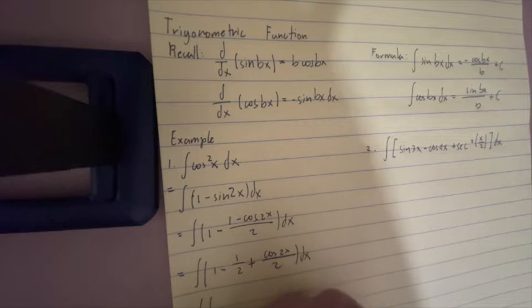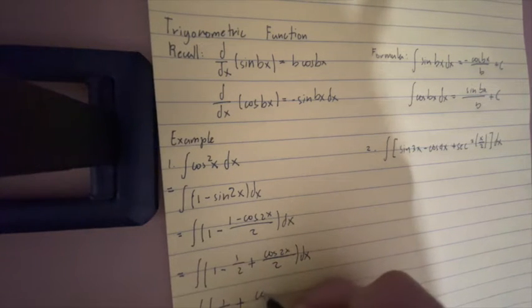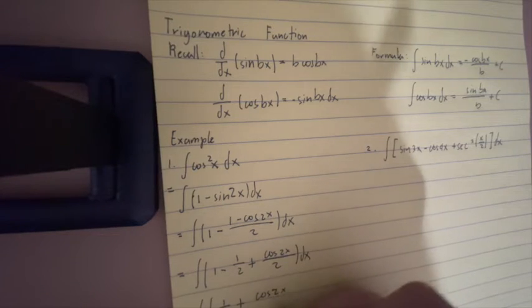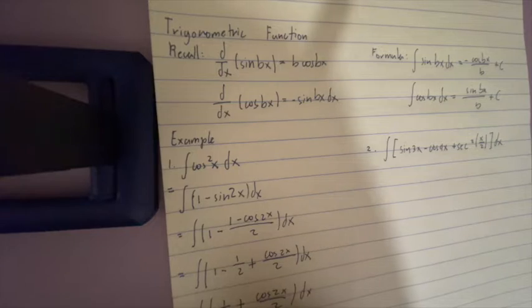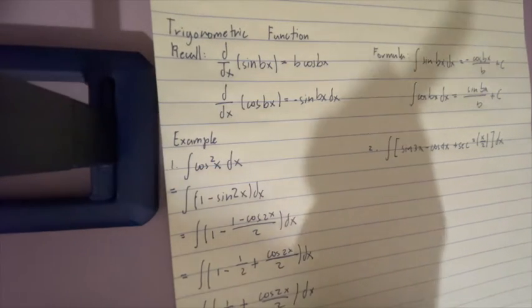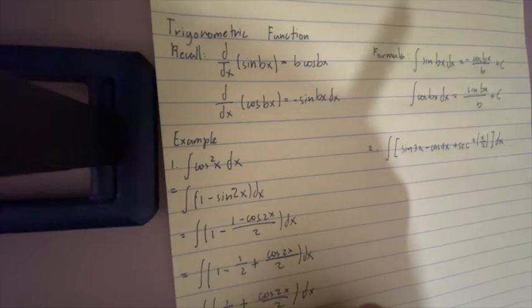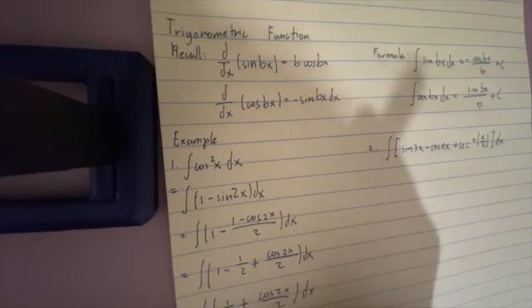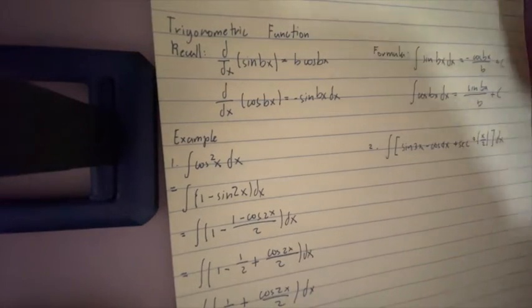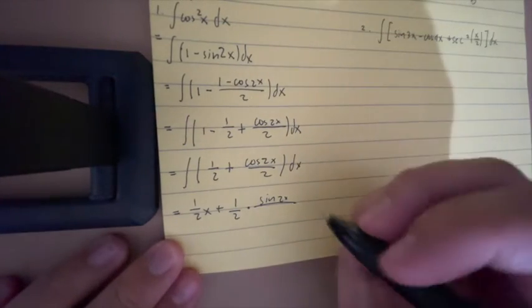The integral of 1/2 plus the cosine 2x over 2 dx. We're going to simplify: 1/2 x plus 1/2 times sine 2x over 2.